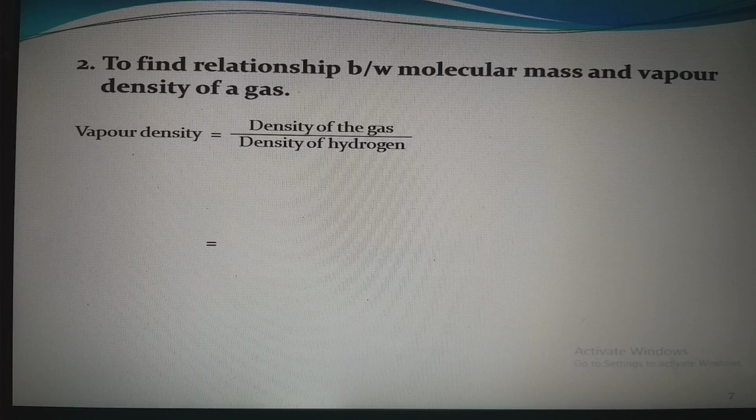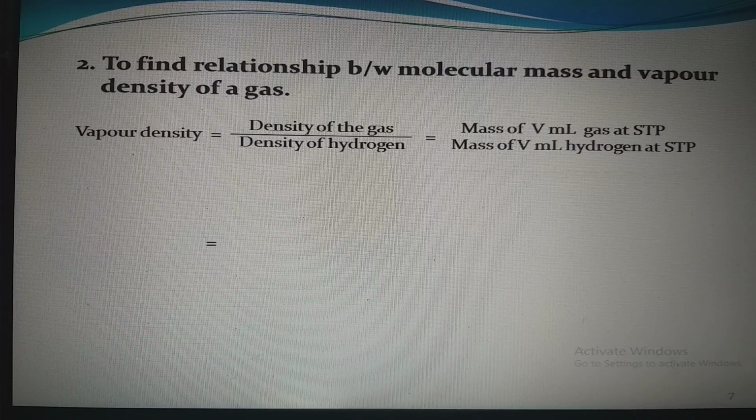That is called density. So, we can amend this formula and we can write vapor density is equal to mass of V ml gas at STP divided by mass of V ml hydrogen at STP.